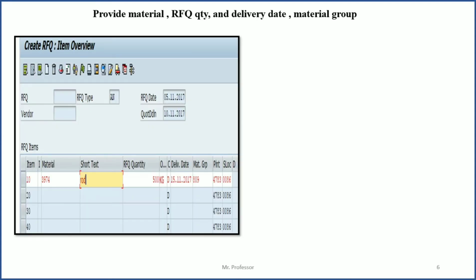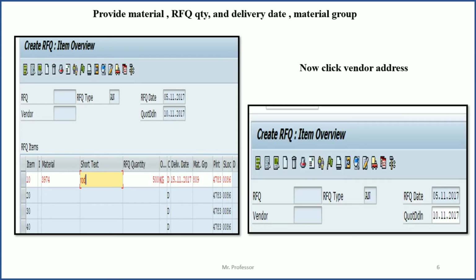Path to create RFQ. Go to Logistics, select Materials Management, select Purchasing, then select RFQ/Quotation, there select Request for Quotation, finally select Create, or we can use T-code ME41.